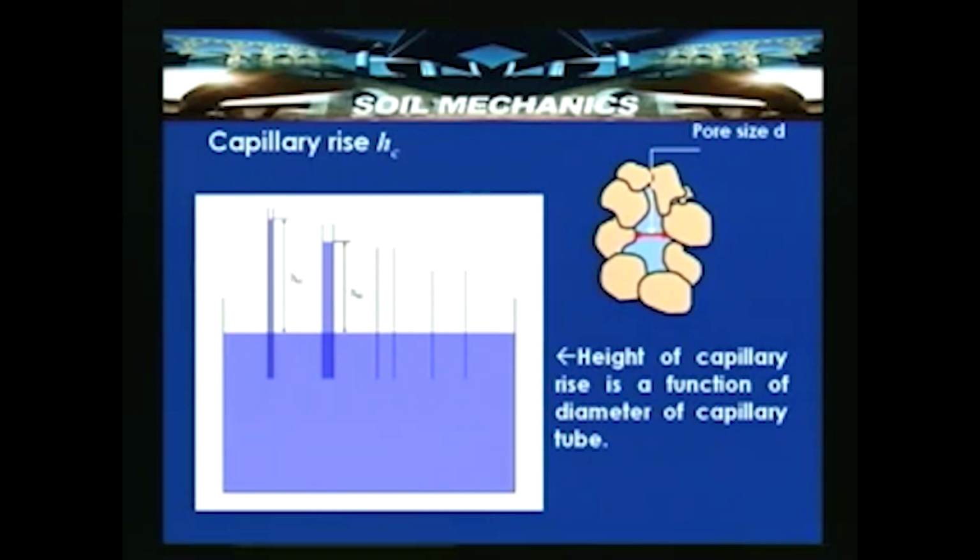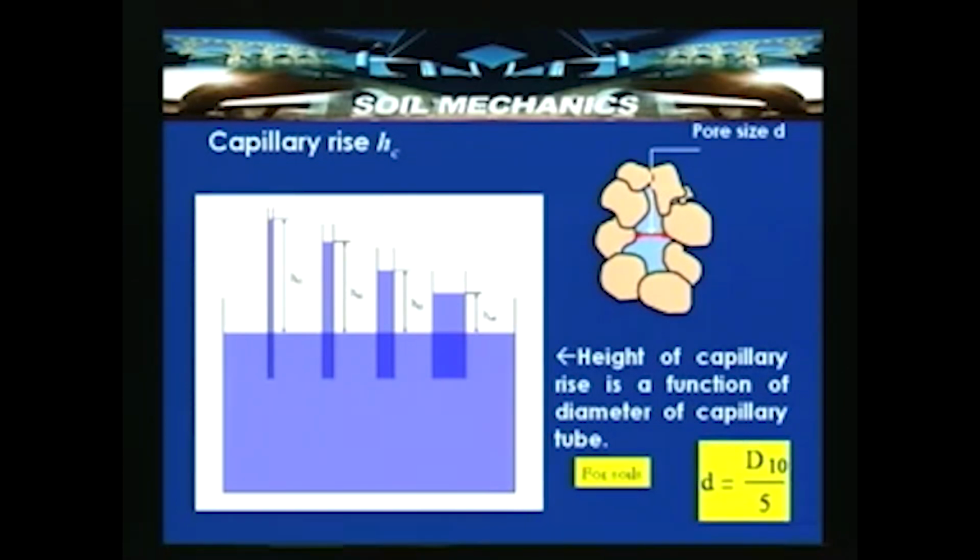That is one thing to be kept in mind. Similarly HC3, where HC2 is greater than HC3 and D3 is greater than D1 and D2. Finally for tube D4, which is larger than all the other tubes, the capillary rise is around HC4.